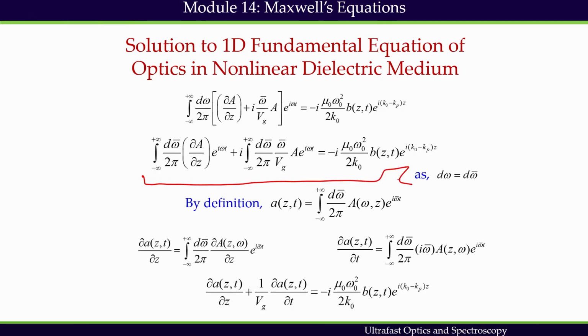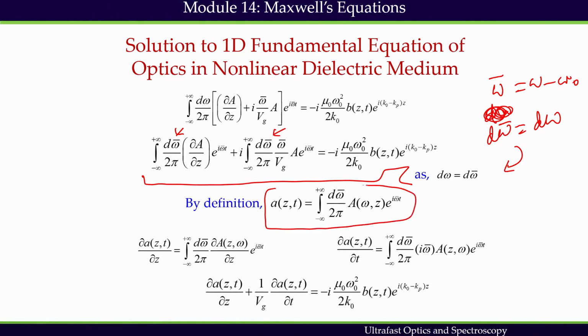We have again changed the variable, because remember, we have expressed omega bar equals omega minus omega naught. So d omega bar is nothing but d omega, and that's exactly what we have written here. So the derivative we have changed with respect to d omega bar, here also d omega bar, and this was the definition of A z t we have seen in terms of frequency.